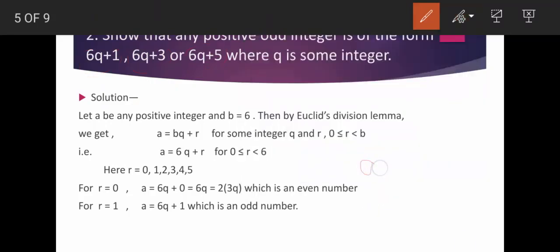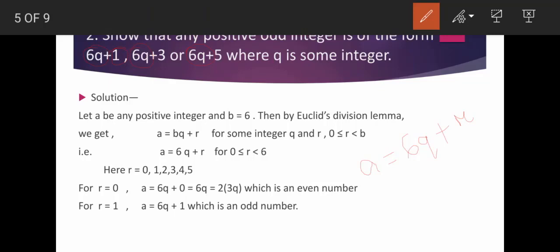Let us consider the integer to be a such that it can take the form 6q plus some number r. Actually, in this question, the value 6q remains constant. We can observe changes in the later part of these expressions, I mean 1, 3, 5. These are the changes we can observe here.